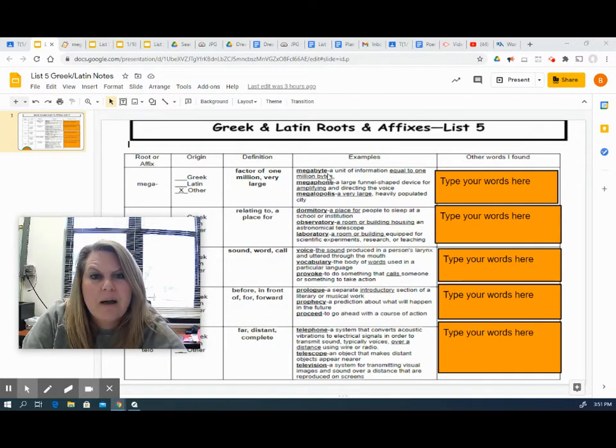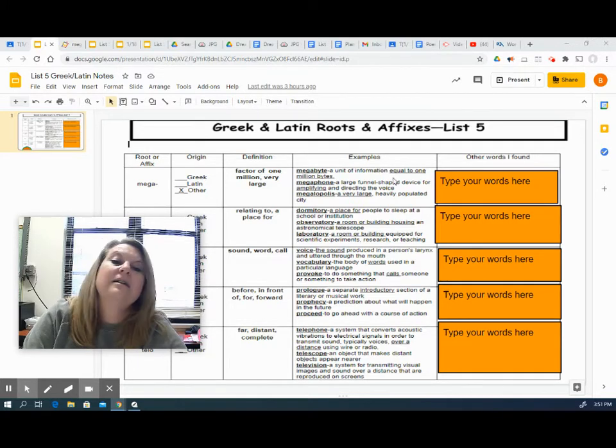So if we look at megabyte, we see a unit of information equal to 1 million bytes. You can see this part that's underlined is very similar to what we see here with factor of 1 million. So not only does it have the letter combination, it also has the definition of the root in the definition of the word. So we know it is absolutely one that has this affix in it.